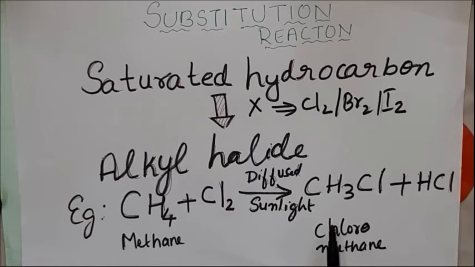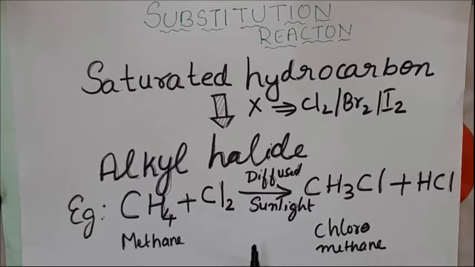What we get in this reaction is that one of the hydrogen atoms of the methane is replaced or substituted with a chlorine atom, along with the other product HCl. And what is the product name? Chloromethane.